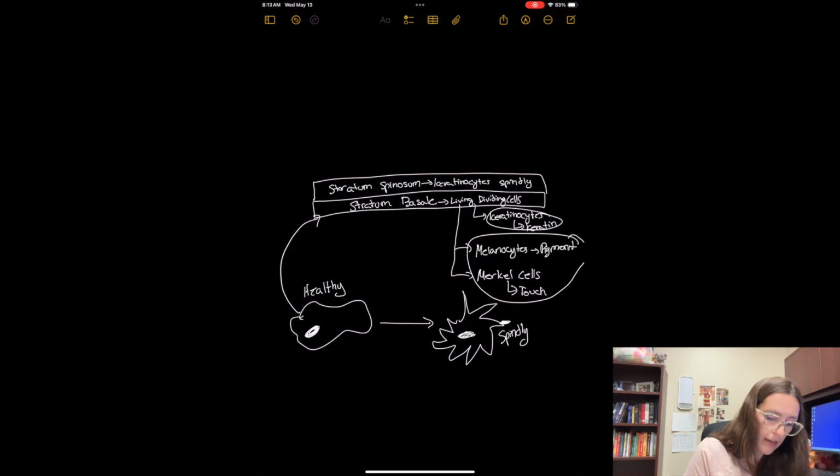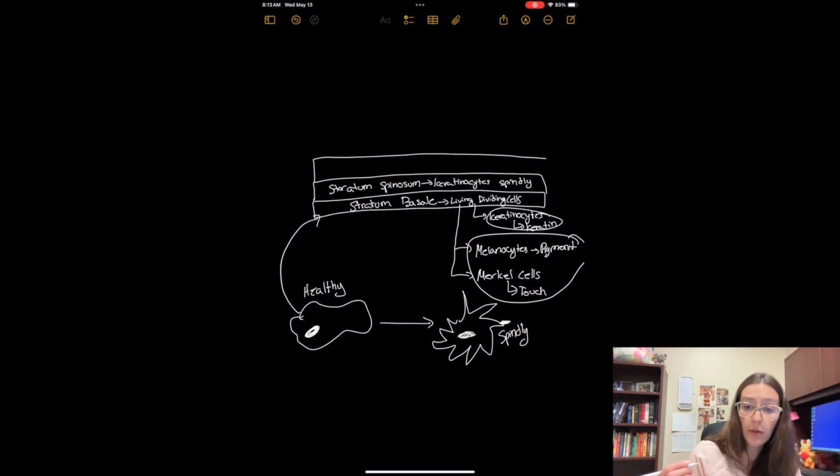Up above that, as these cells are continuing to die, we have the stratum granulosum. This is kind of a transition phase where we're starting to see dead cells, and we're starting to see these granules of some keratin precursors that are dark and easy to see.